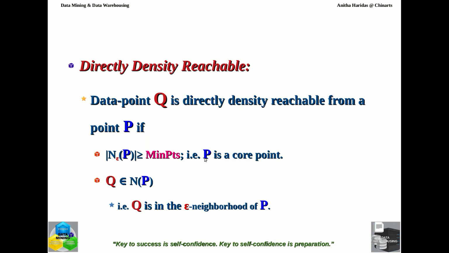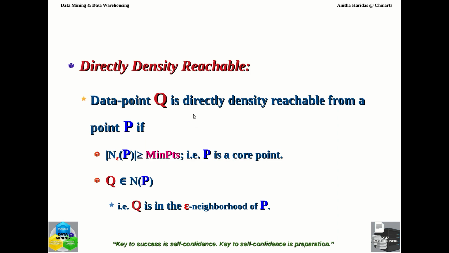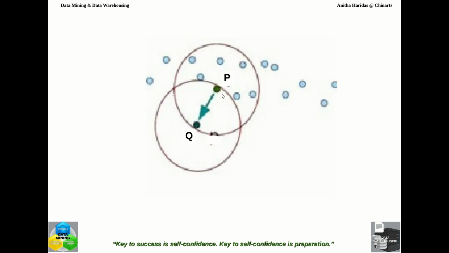That means P is a core point and Q is in the neighborhood. So P here is a core point. You can see it is in the dense region, in the center of the dense region. So it is a core point, and Q is a neighbor of P. So I can say Q is directly density reachable from point P.